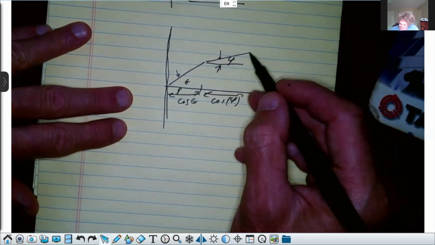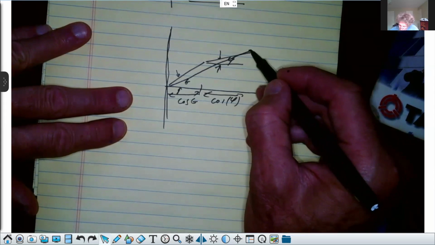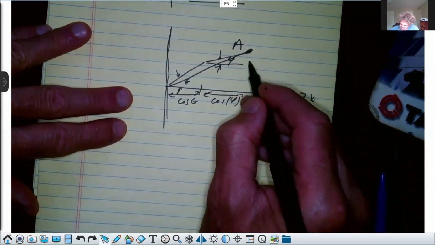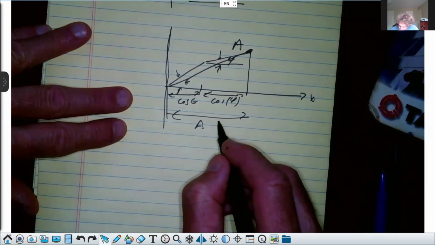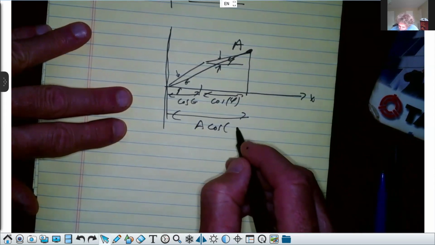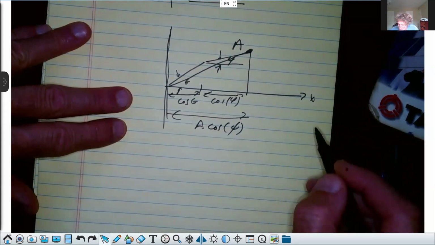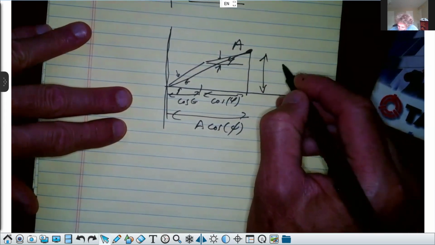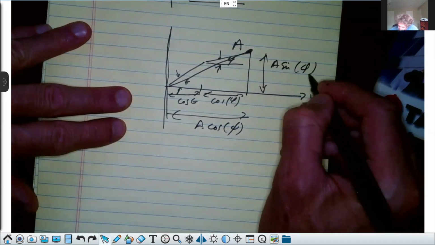Now, it's equal to, oh boy. It's equal, here's A, and this would be A times the cosine of phi. You all follow me on that? Right. I probably should have bent that up. Well, the vertical distance would be A times the sine of phi.